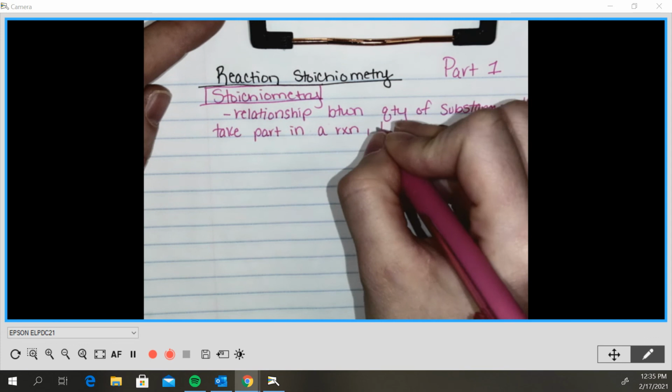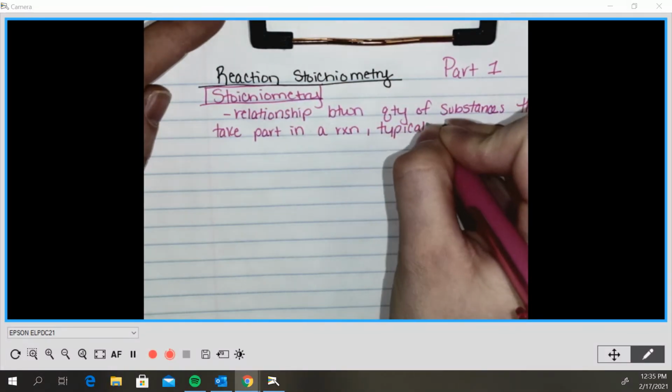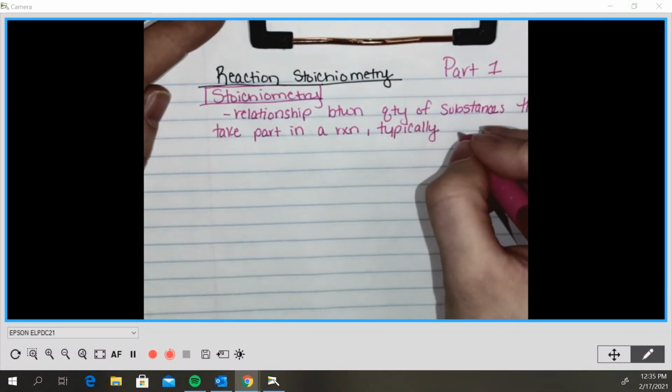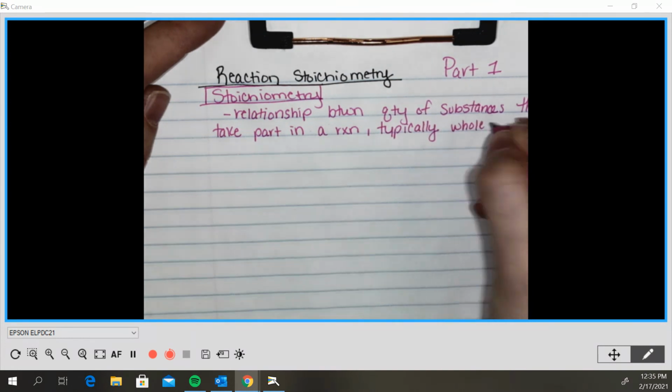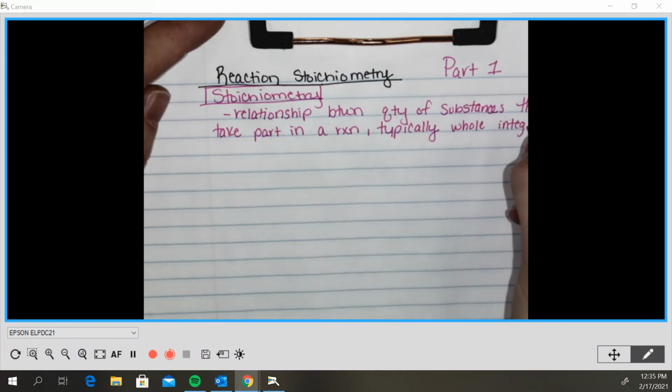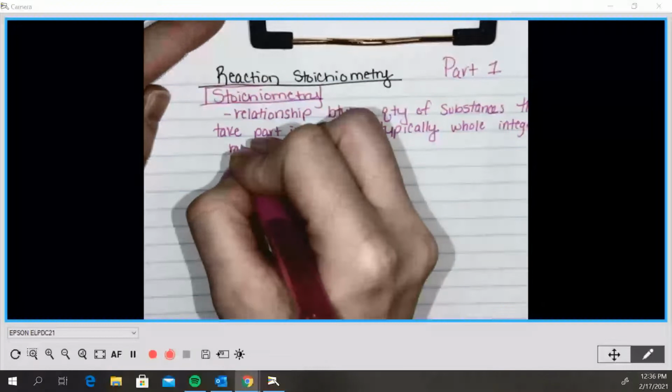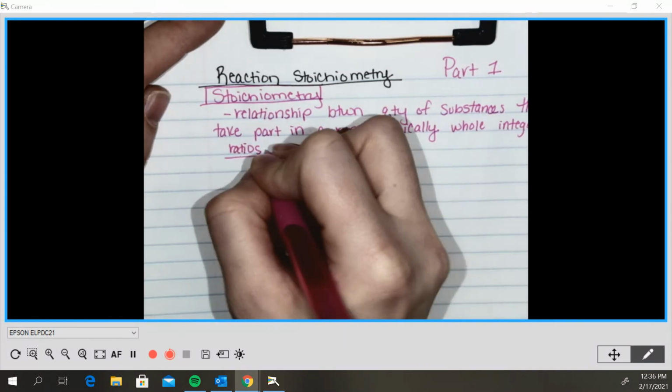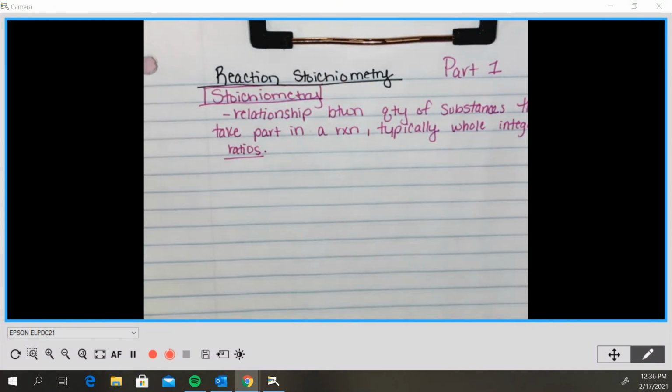They are typically whole integer ratios. The most important words in here are ratios and relationship. That's the biggest takeaway.